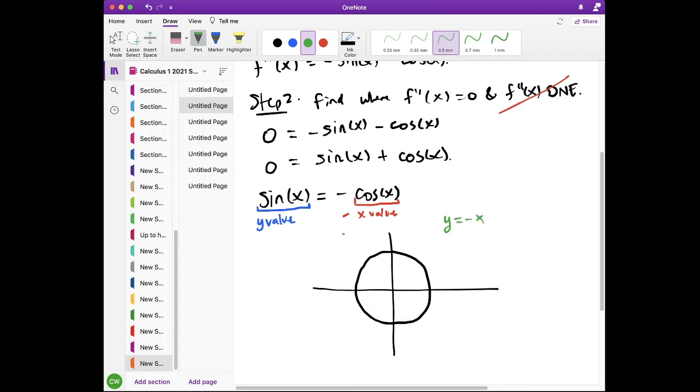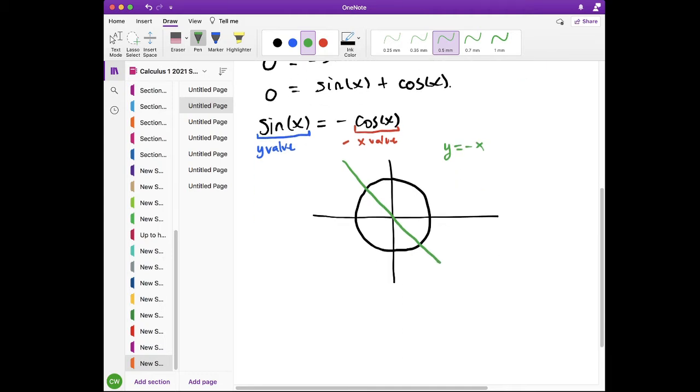So what are the angles that make this true? It's wherever the line y equals negative x intersects with the circle. So at this point here and this point here. That can help you visually see where these are. Do you know what these angles are?